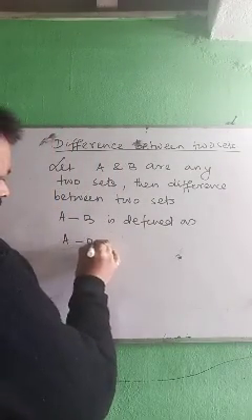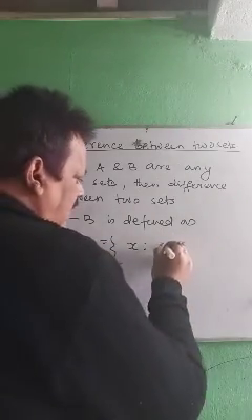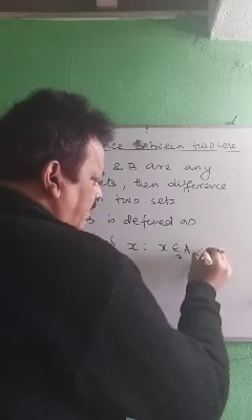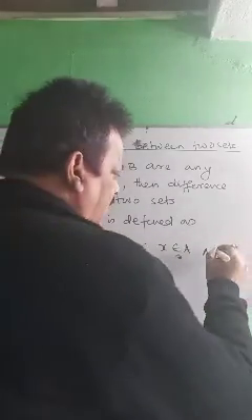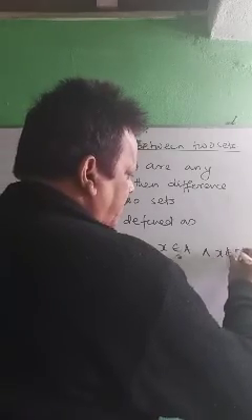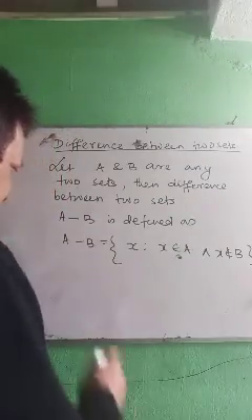A difference B equals the set of all x such that x belongs to A and x doesn't belong to B. This is the symbol of 'and'. So what does it mean? See the example.